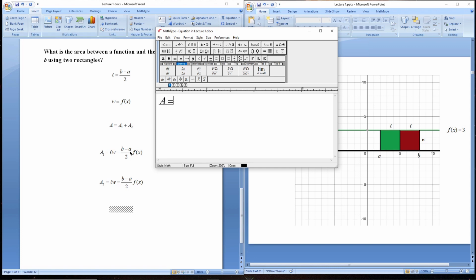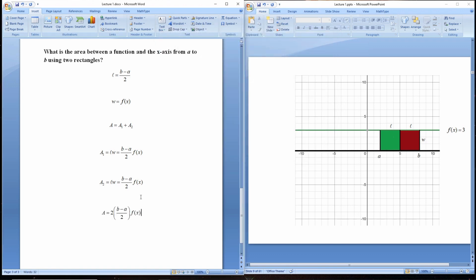So the total area is going to be simply adding these together, which means we have 2 of them. And then we still have our b minus a over 2, and then our function height. And as you would expect, of course, these 2's cancel out, and we get the same formula that we just had previously of b minus a times the function, which is what we should expect.